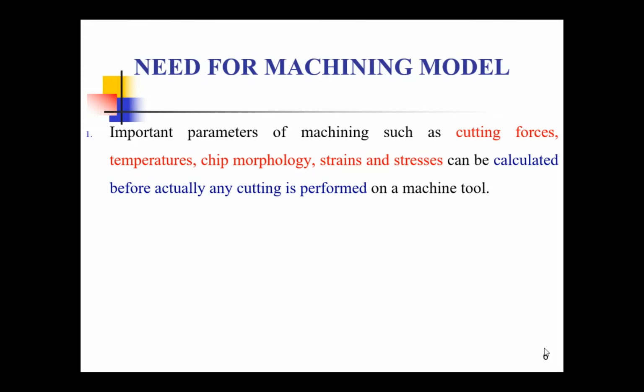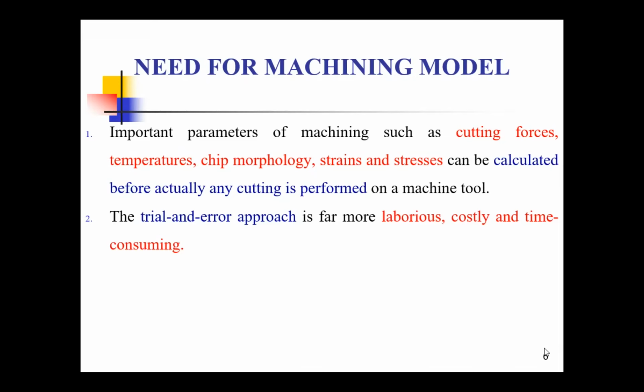In experimental work, we are not able to determine all these things in detail, but by using an appropriate finite element model, we can determine them. With this knowledge, we can do the experimental work. So we gain knowledge from these machining simulation studies, and then apply that knowledge to the realistic condition.